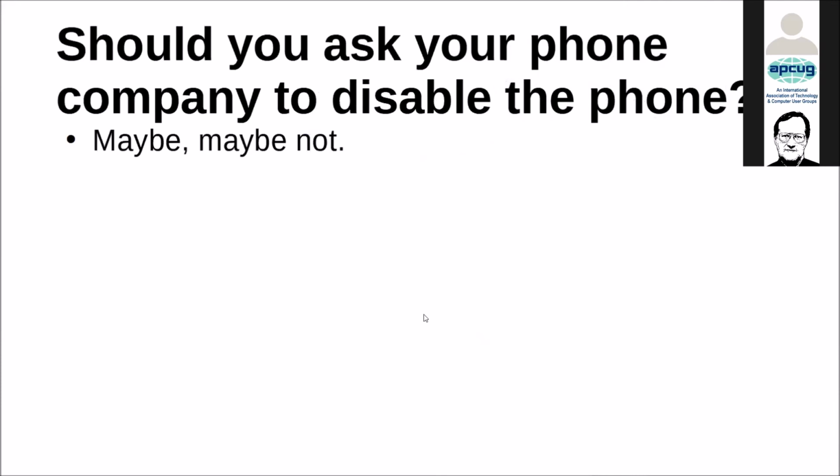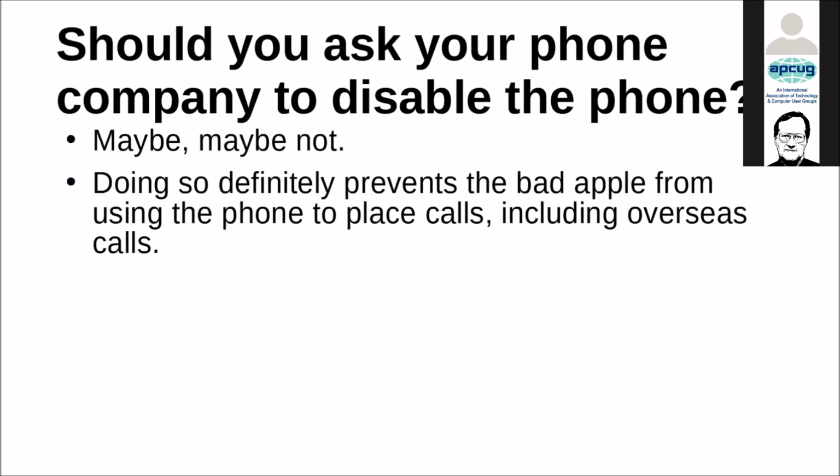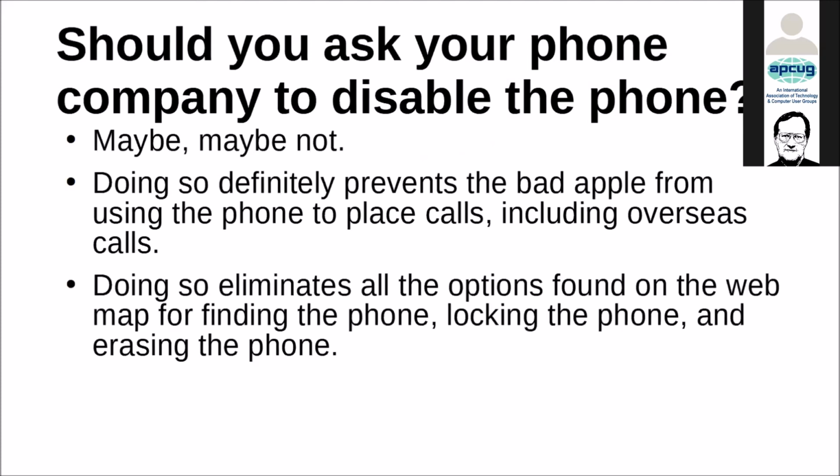Now, another thing you might think of when you know your phone is off somewhere that you've never taken it, should you ask your phone company to disable the phone? And what I've concluded is maybe or maybe not. Now, here's why. It is about the same thing as erasing the phone in this sense. Doing so definitely prevents the bad apple from using the phone to place calls, at least using the phone network.